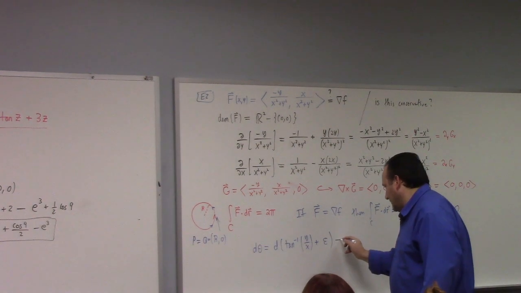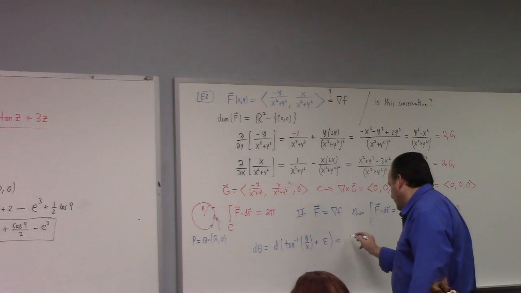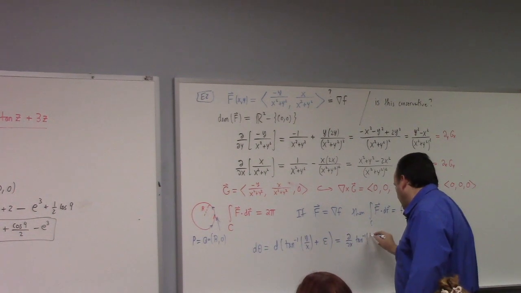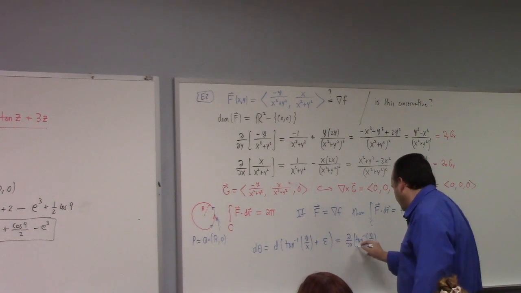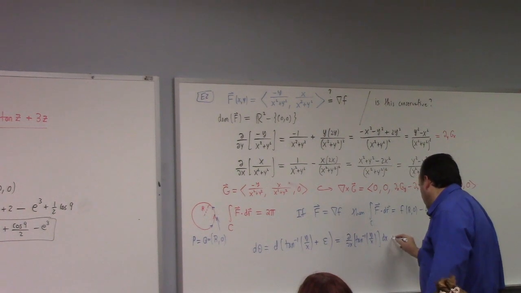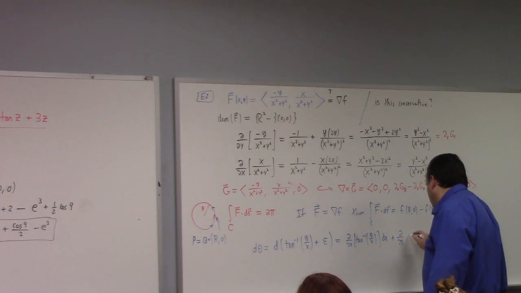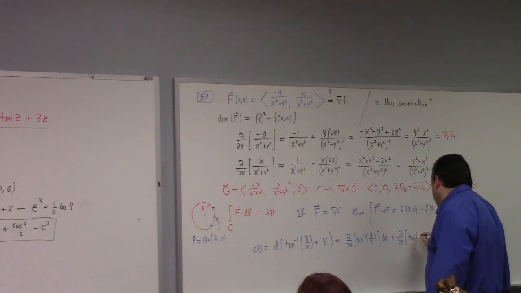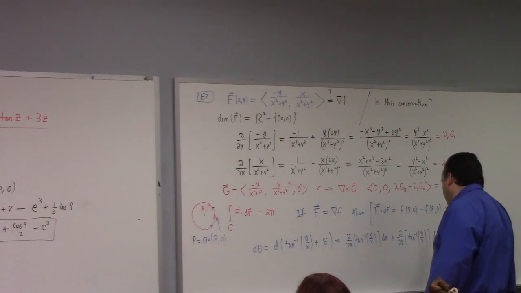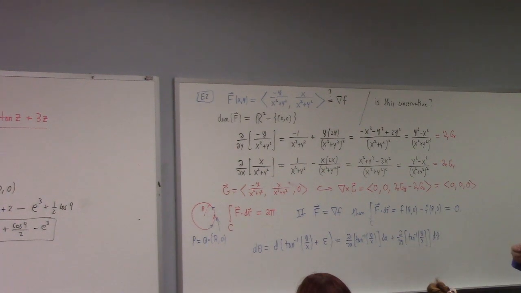What happens when you calculate the total derivative of this? Well, you got partial x of inverse tangent of y over x, dx, plus partial y of inverse tangent of y over x, dy. And what is that? How do you differentiate inverse tangent?